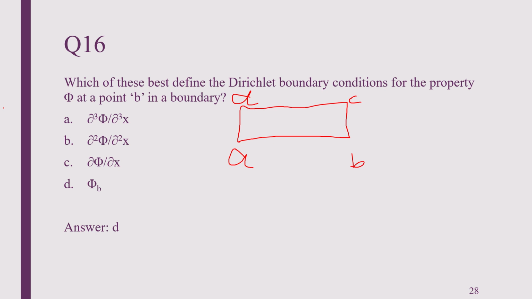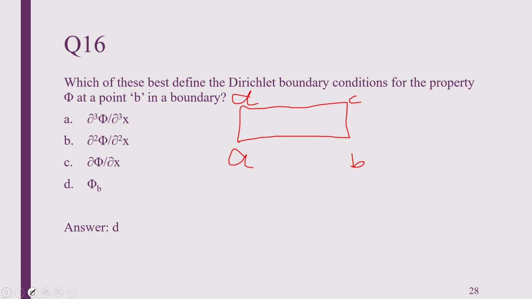The first one is the Dirichlet boundary condition and the second is the Neumann boundary condition. In the Dirichlet boundary condition, we specify the value of that variable at that point, whereas in the Neumann boundary condition, we specify the value of the derivative at that particular point.